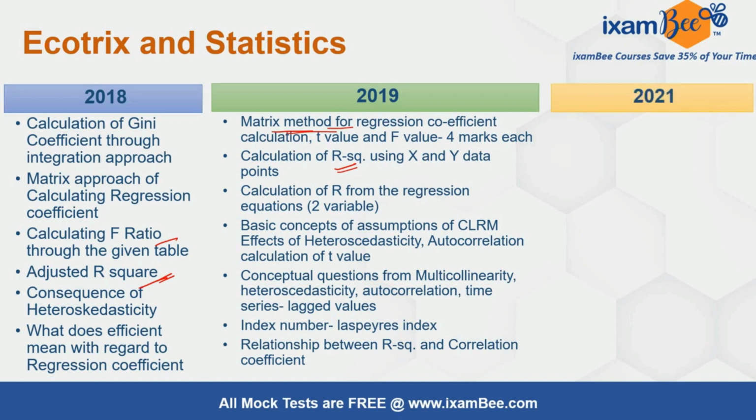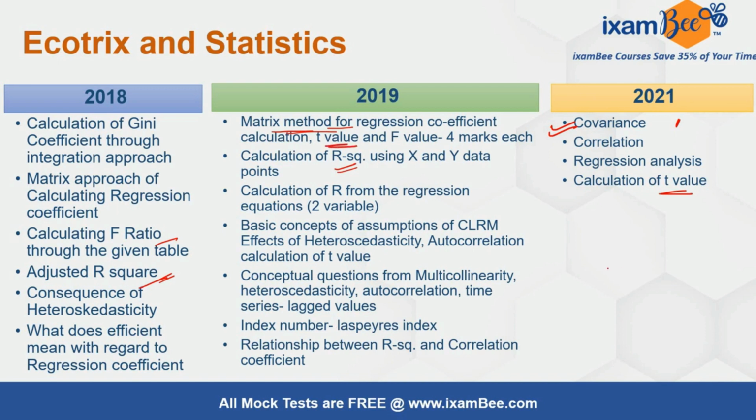Moving to 2021, again the questions revolved around correlation and regression analysis. There was also a numerical on covariance, where you were given the covariance of A and B, and then you had to calculate the covariance for a different set of variables if they were included. Then the calculation of t-value, again something recurring.